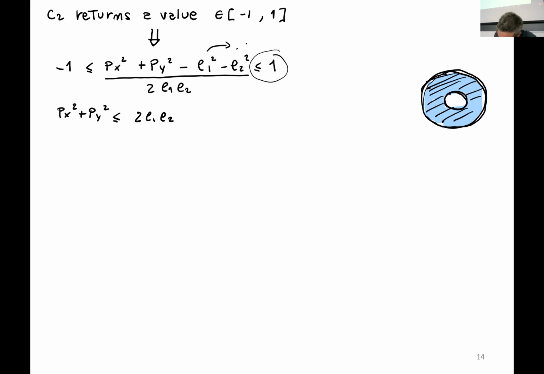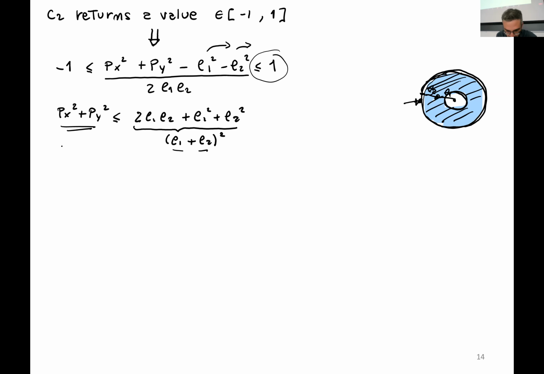We put this on the right, plus L1 squared plus L2 squared. And this is nothing else than L1 plus L2 squared. And this means that the norm of the end effector position should be lower than or equal to the sum of the two links. So you remember, it was this line here. We have the two links extended completely, L1 plus L2.